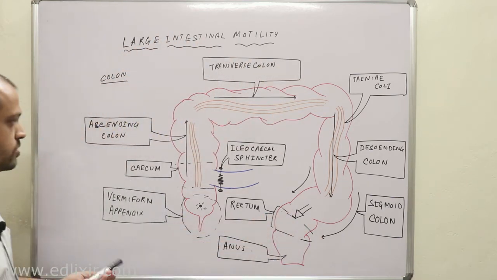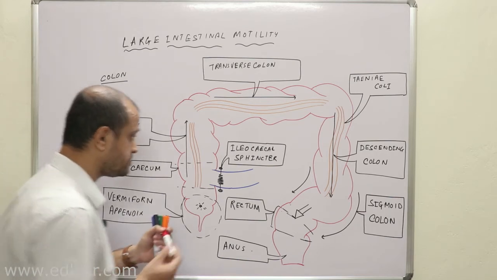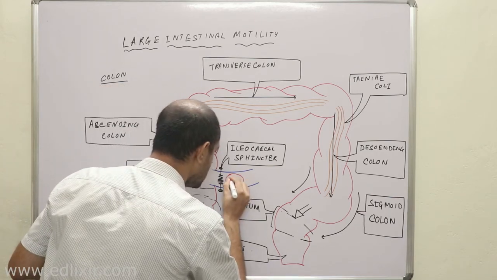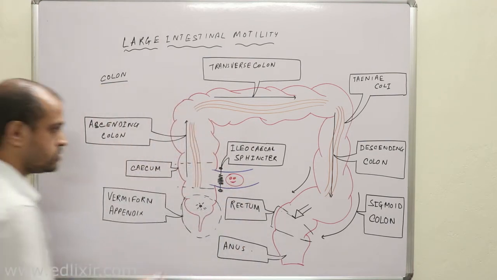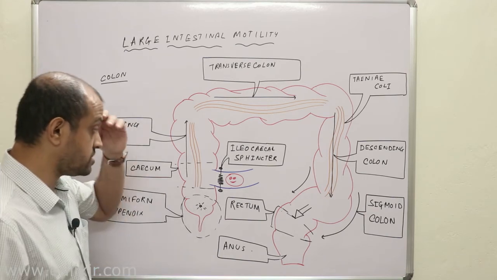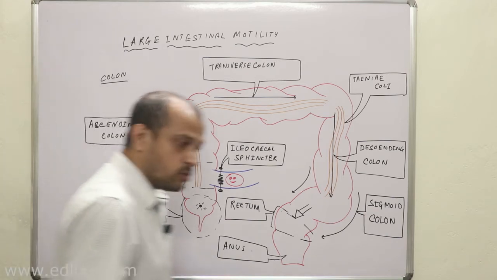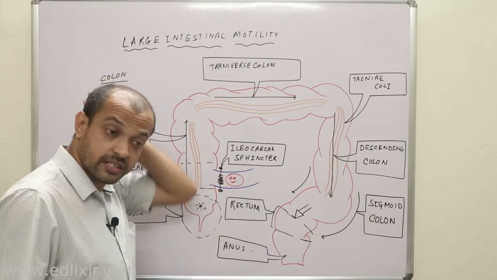Now a very important point to understand here is this: suppose this is your food or chyme, a food particle which is about to enter the large intestine. Now, can you people tell me when large intestinal motility starts?